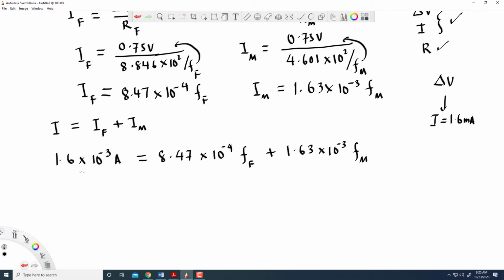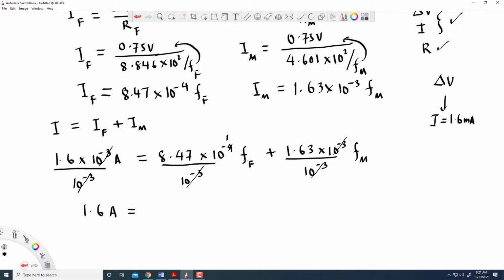So just to simplify, we can divide both sides by 10 to negative 3, okay, just to make the terms simpler. So then this and this will cancel, this and this will cancel, this and one of the 3's will cancel, so we'll have 1.6 amperes.